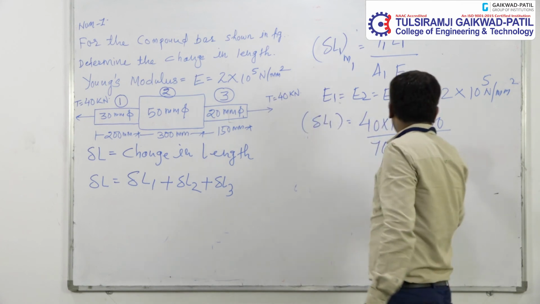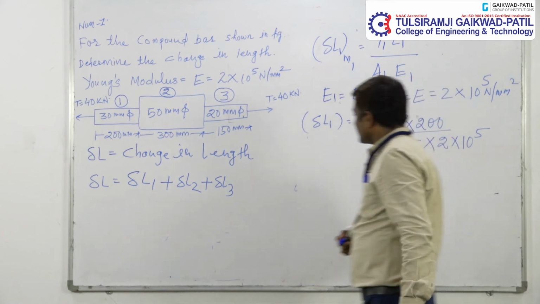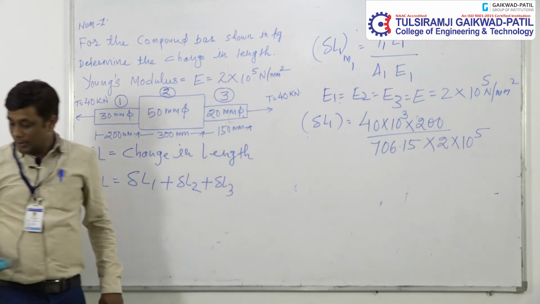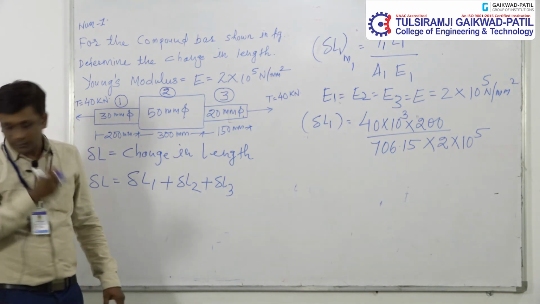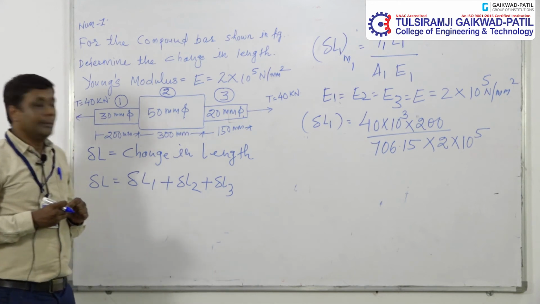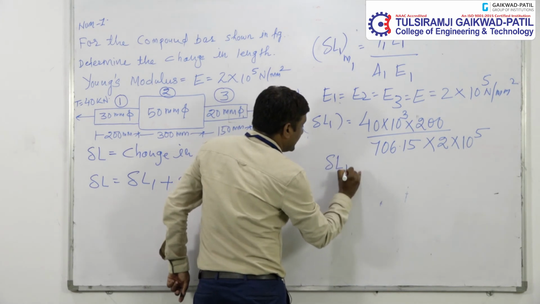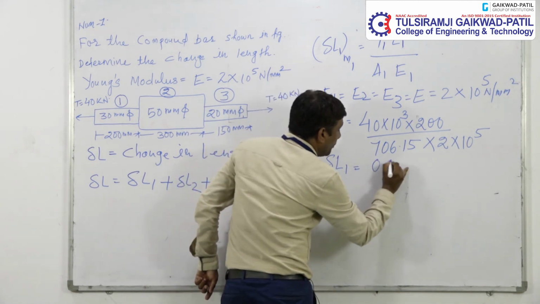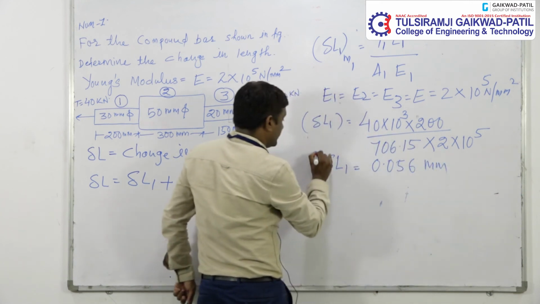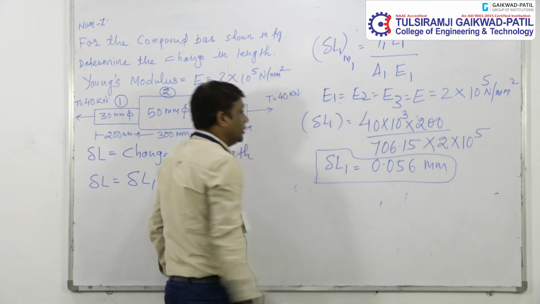E1 means E, 2 into 10 raised to 5. So if we do this calculation, 40 multiplied by 10 raised to 3 multiplied by 200 divided by 706.15 multiplied by 2 into 10 raised to 5, finally we will get the value of delta L1 as 0.056, and this value is also in mm. So here you will get delta L1 in mm only.